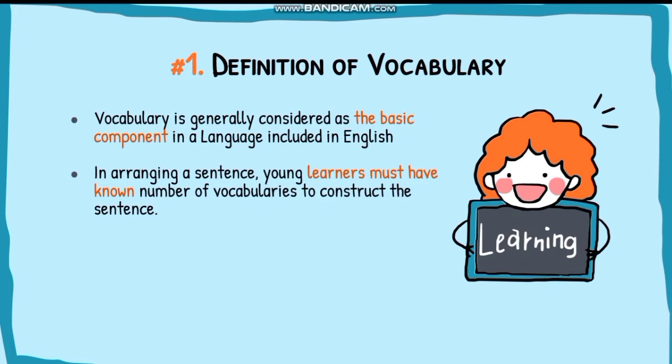And in arranging a sentence, young learners must have known a number of vocabularies to construct the sentence. When they have various vocabulary, young learners have no more trouble in communication or academics.